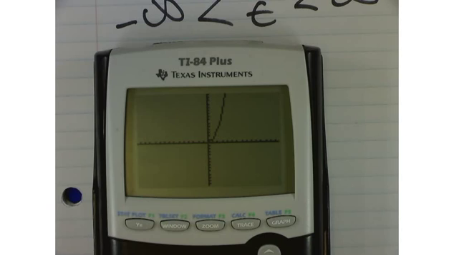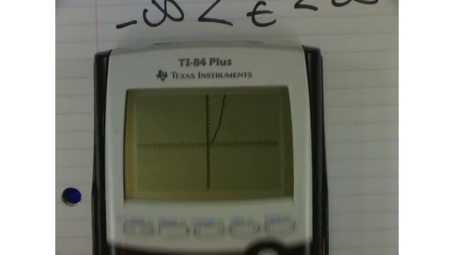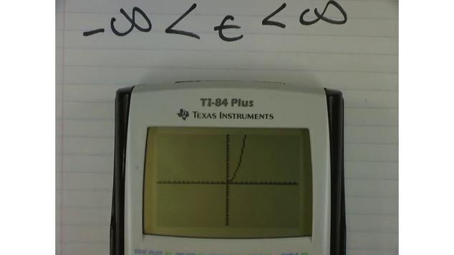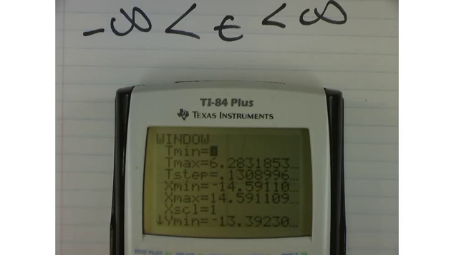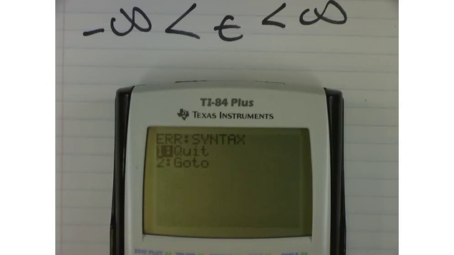Now, but it says let t be from negative infinity to positive infinity. When we did this problem before, it was 0 to 2 pi. So now I'm going to come in here. I can't put in infinity, but I can put in a big number. Let's let t equal negative 1,000.